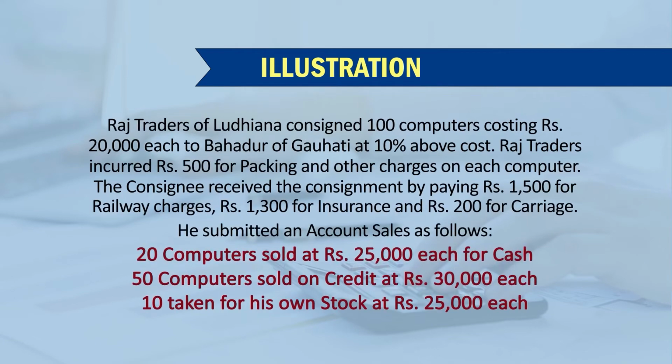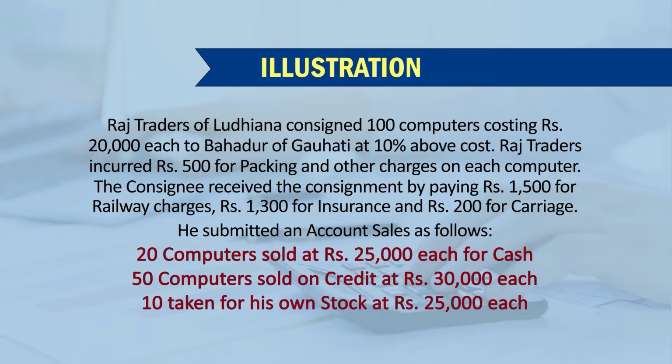Raj Traders of Ludhiana consigned 100 computers costing rupees 20,000 each to Bahadur of Guwahati at 10% above cost. Raj Traders incurred rupees 500 for packing and other charges on each computer. The consignee received the consignment by paying rupees 1,500 for the railway charges, 1,300 for the insurance, and rupees 200 for carriage.